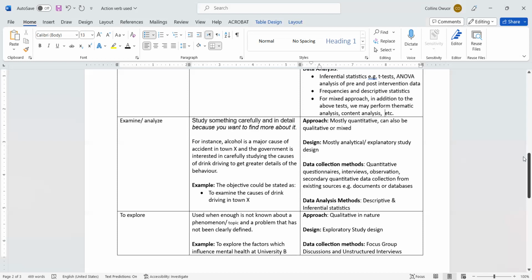Data analysis methods could include both descriptive and inferential statistics. Most of these things may vary because it depends on the specific thing you want to know.